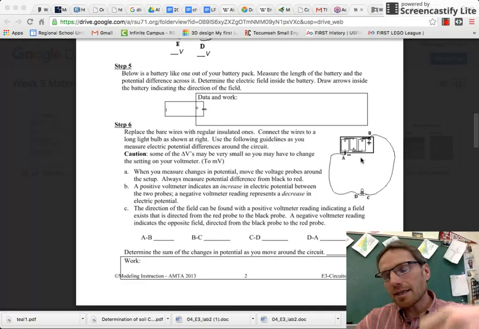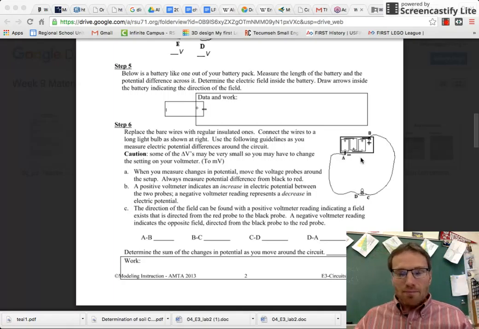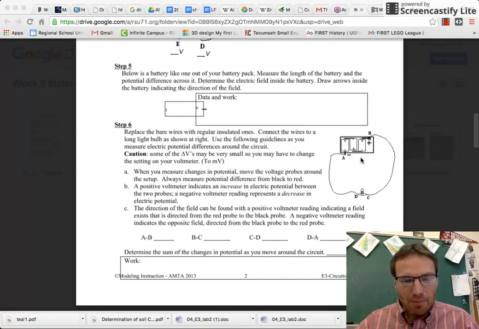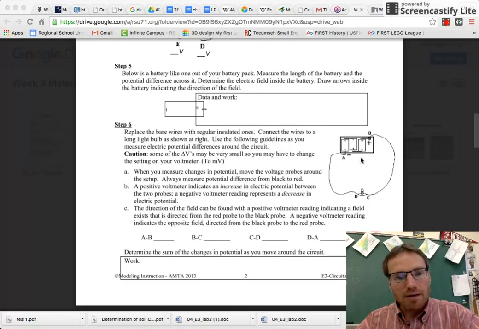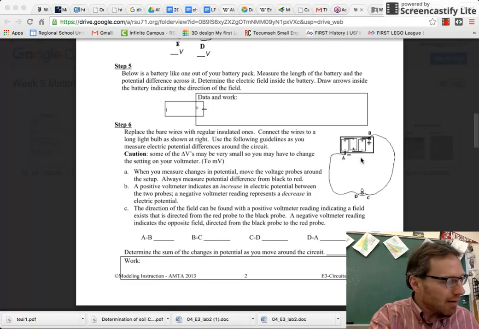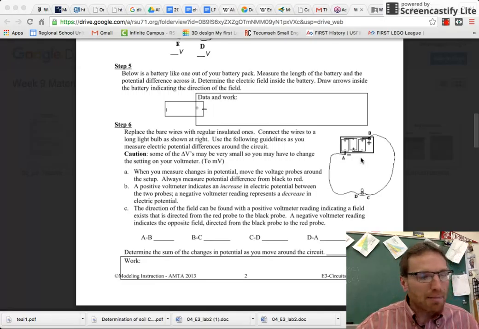I understand that it's not really positive charge flowing, but according to Ben Franklin's convention, we use positive charge as the moving object to describe the model. That was enlightening, and I thought it was valuable in the lab.